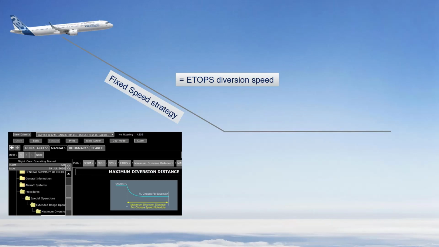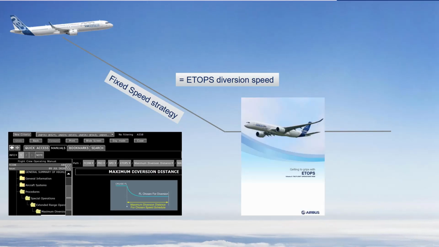For more information on how this affects your ETOPS operations, you can refer to the Extended Range Operation chapter available in your Flight Crew Operating Manual. You can also refer to the Getting to Grips with ETOPS available on Airbus World. The combination of the strategies may be defined through the airline's policy.